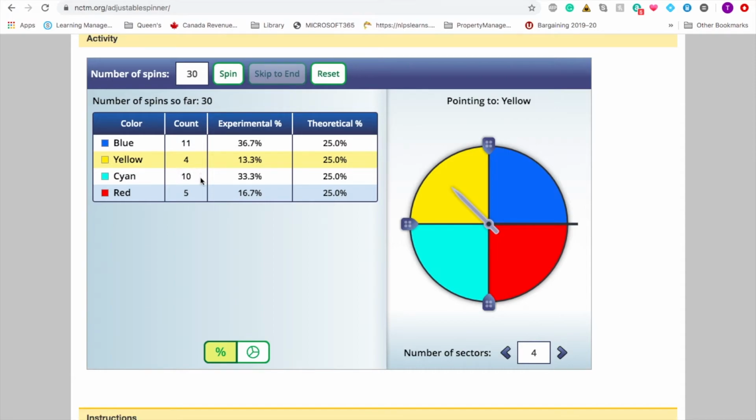We have 10 counts of landing on cyan with an experimental probability of 33.3%, and 5 counts of landing on red with an experimental probability of 16.7%. And you can see the theoretical probability, as we had taken a look at in the previous lesson, is 25% for each equal section of the spinner.